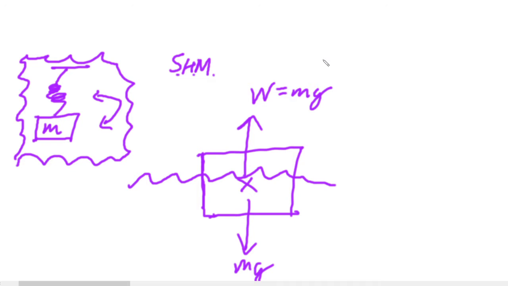The simple harmonic motion involves all kinds of graphs that look like this, because the bodies undergoing SHM will oscillate to and fro in a repeating and predictable way.